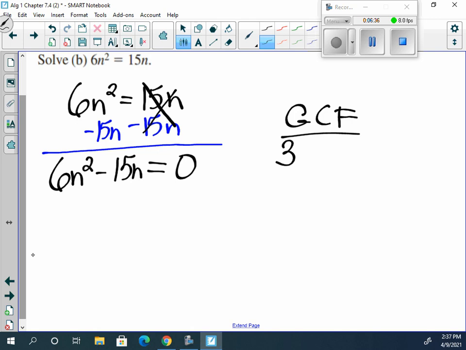So 3 is the biggest number. Now what is the most variables that we can pull out between n squared and n? We can only pull out 1. So we can factor that out. So if I factor 3n out of 6n squared, 6 divided by 3 is?